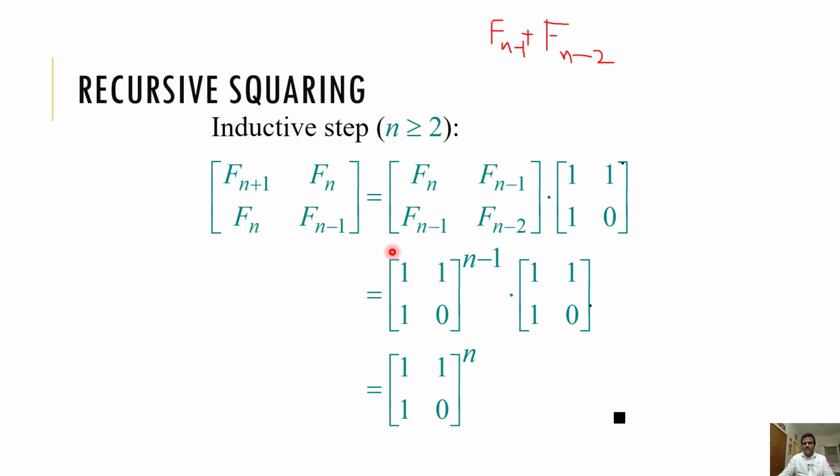So, that is the matrix [1 1; 1 0] to the power n minus 1. Now, with this it will give us [1 1; 1 0] to the power n. So, the result is true for n.